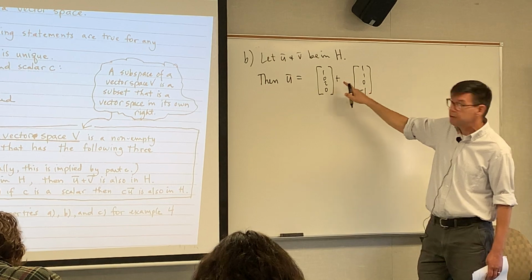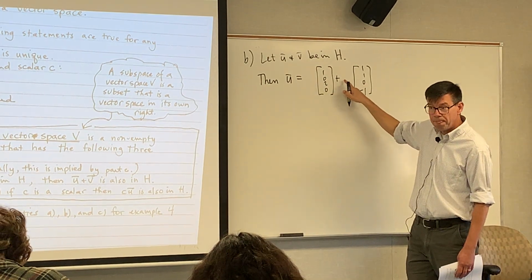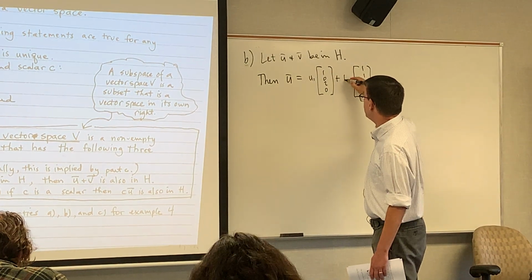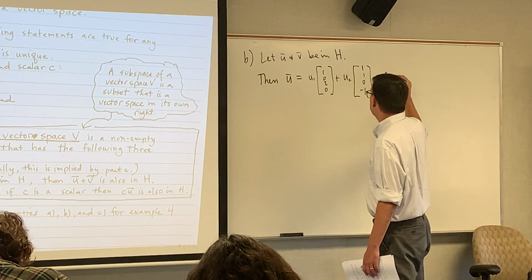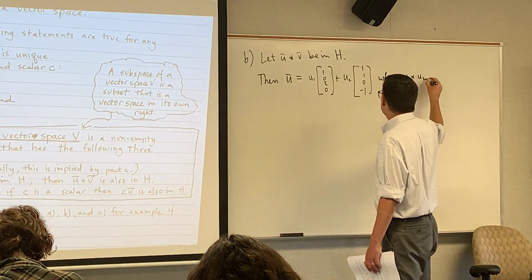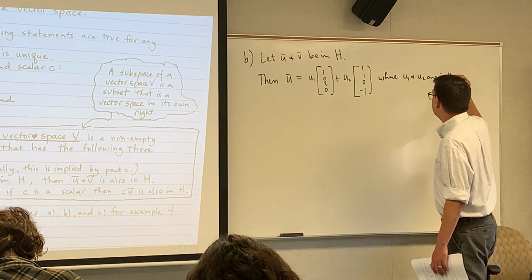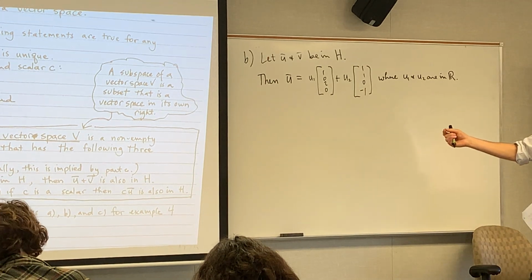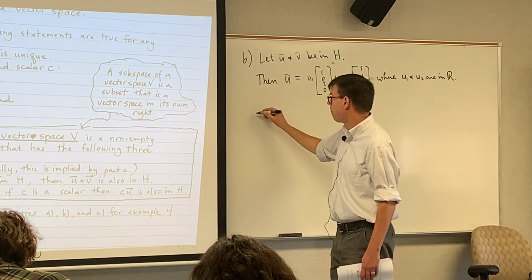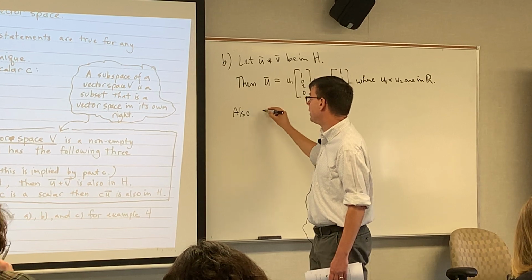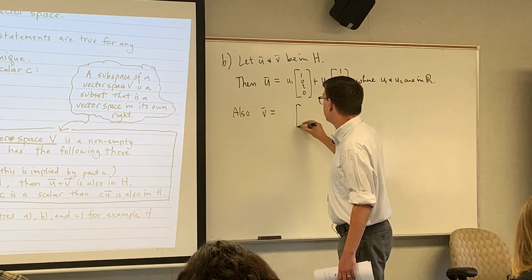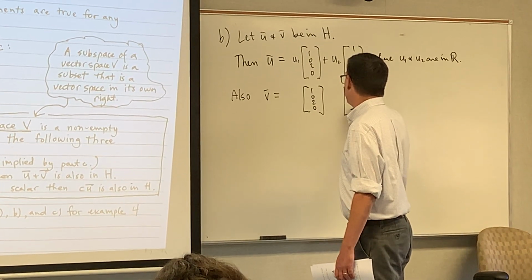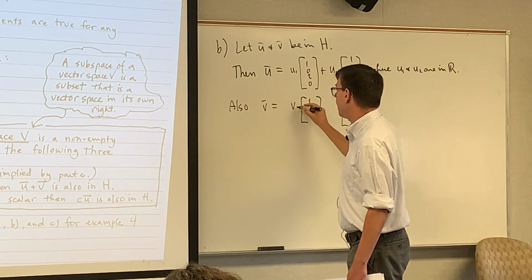There's no law about how to do that. I could say A and B. I could use any letters I want. I might say U1 and U2, where U1 and U2 are in R, right? Because that connects the scalars to the vector U, and it allows me to do a similar thing with V. So V is also a linear combination of those two vectors.